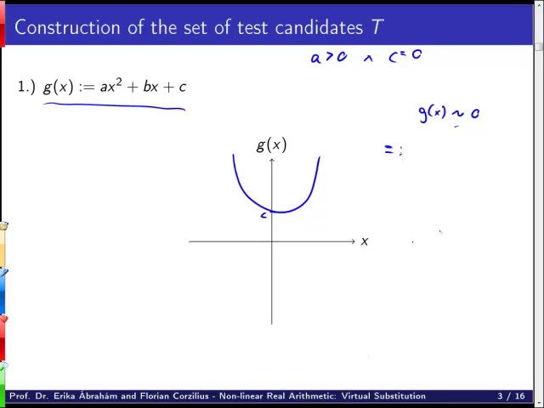What is happening to the parabola? It is touching, I get this now, touching the x-axis at the point 0. Yeah. That means for relation symbol equal, 0 would be the solution space. We assume b equals 0? We assume, yeah. Okay. So you see, I assume a lot here.